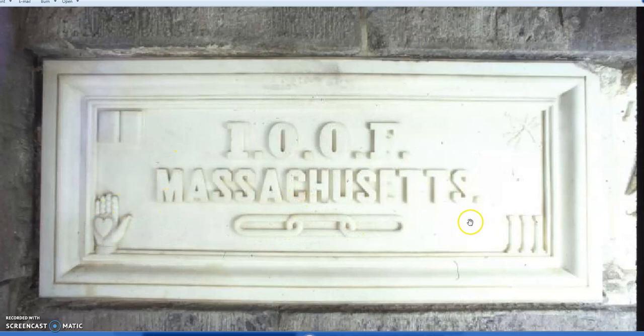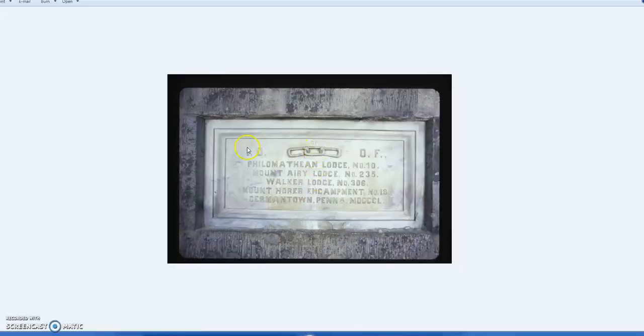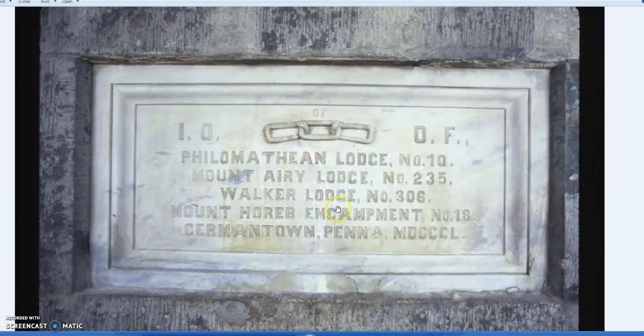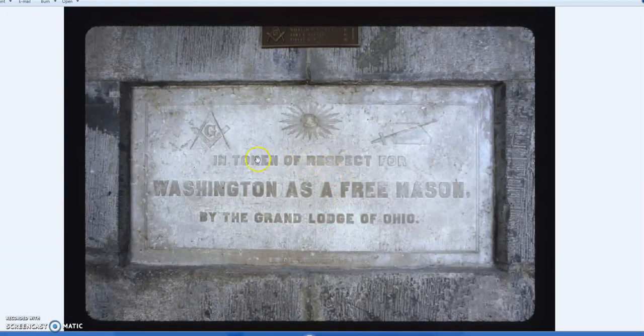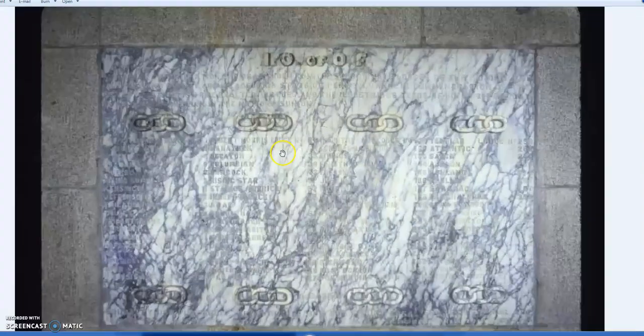Also the three columns. Now the IOOF again, Pennsylvania, Germantown. In token of respect for Washington as a Freemason, Grand Lodge of Ohio, IOOF with the triple links again.